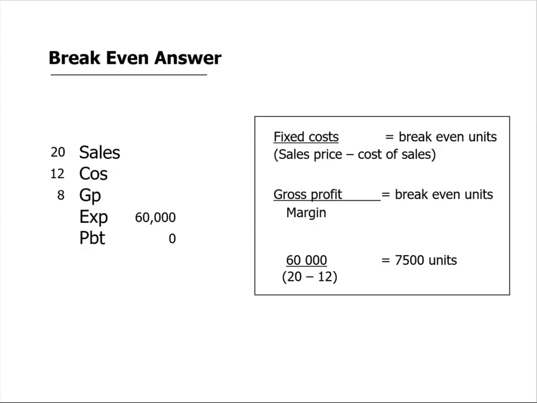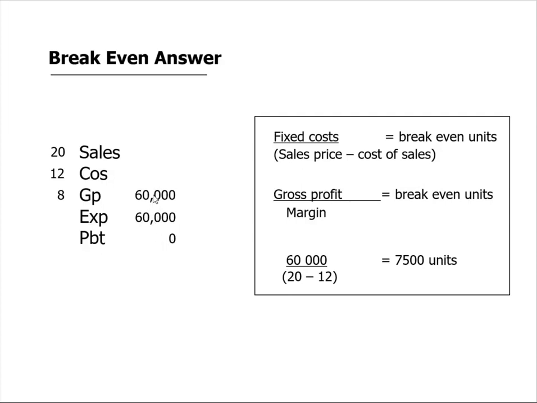Now mathematically, we could work out what the gross profit has to be in order for this income statement maths to work out. In other words, a 60,000 gross profit minus 60,000 in expenses will get us to a profit before tax of 0.